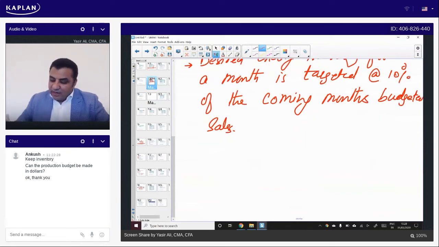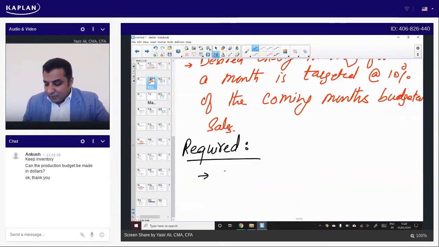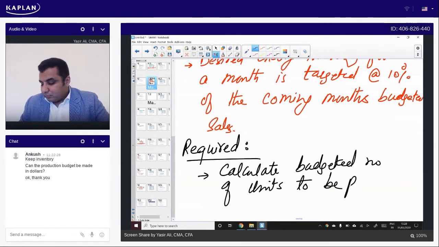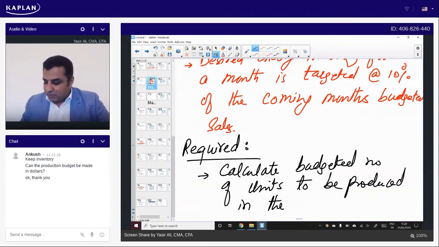And what is the requirement? Required: calculate the budgeted number of units to be produced in the months of Jan to March, the first 3 months of the year.